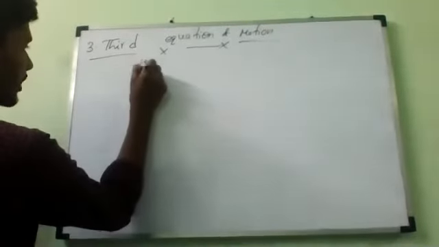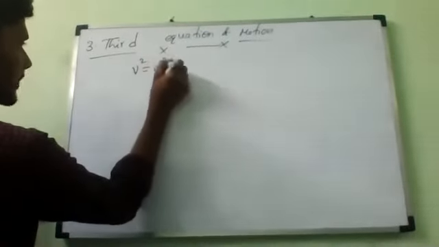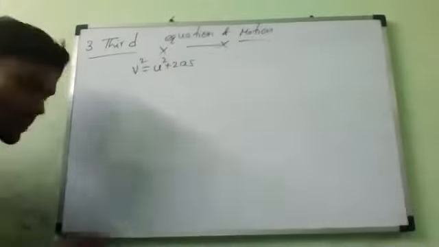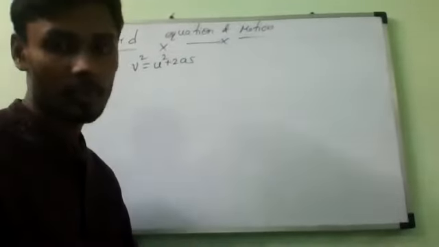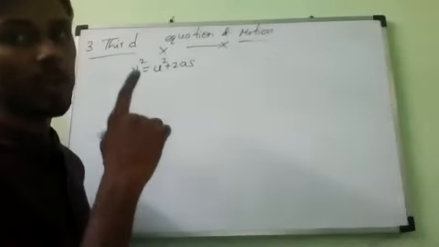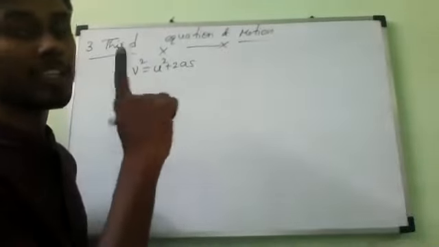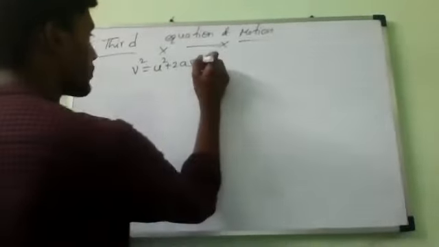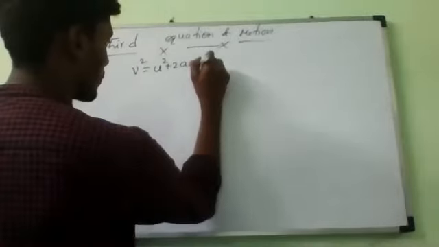Now, what is the third equation? Tell me. Third equation: V square is equal to U square plus 2AS. Yes or no? Yes, sir. Remember, this equation always gives the velocity acquired by a body in traveling a distance. Note it down.